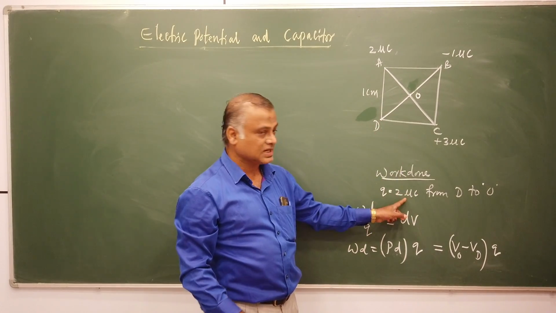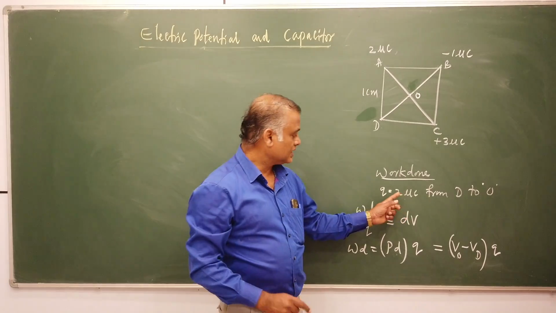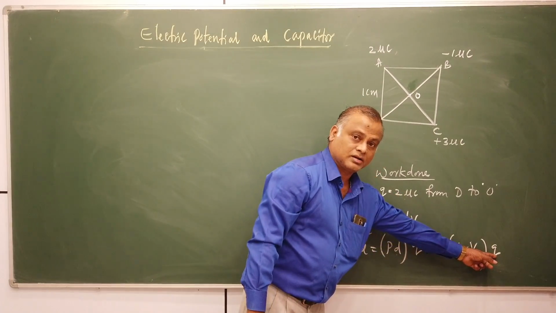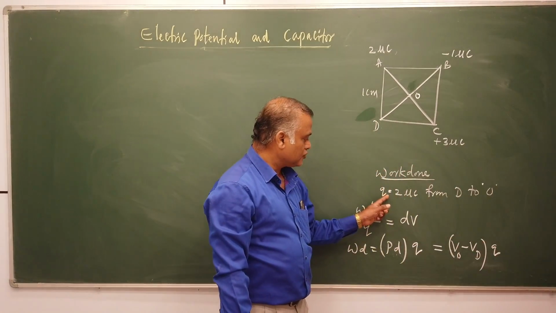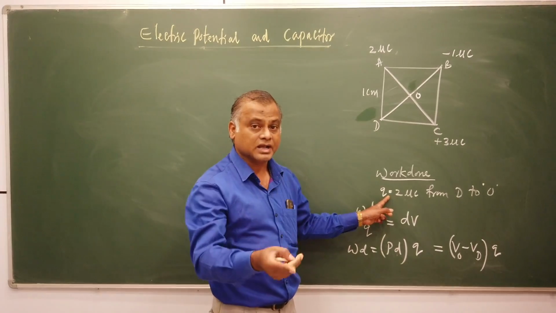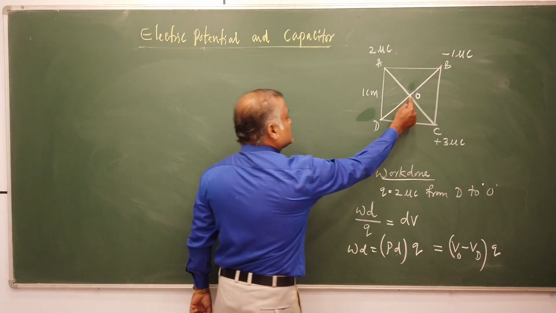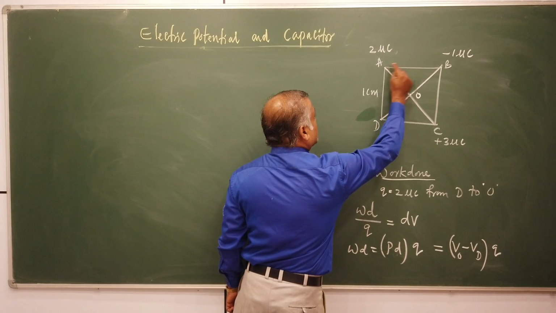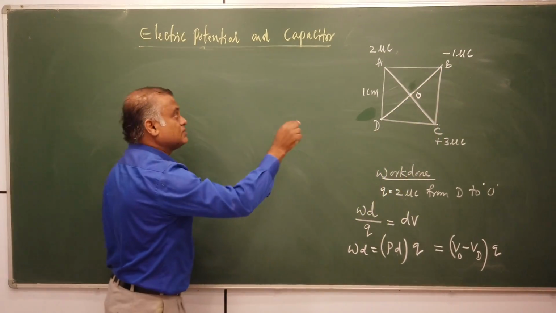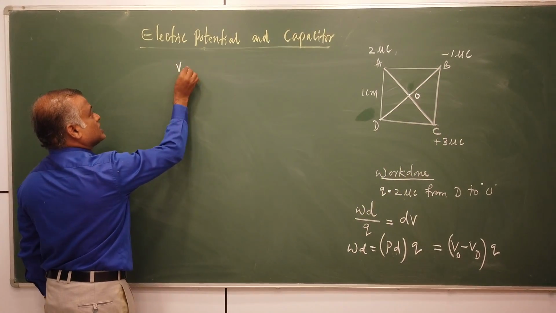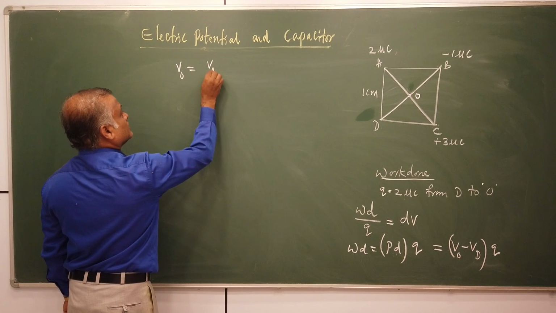Don't put the charge which is being carried. That charge has to be multiplied over here. Now O is surrounded by three charges A, B, C. By the principle of superposition, potential at point O is this.